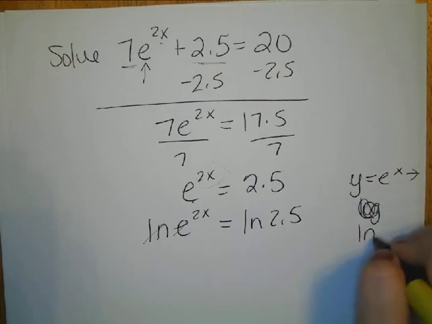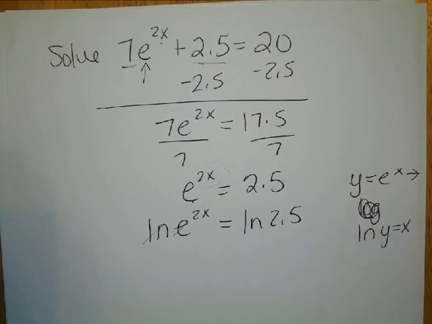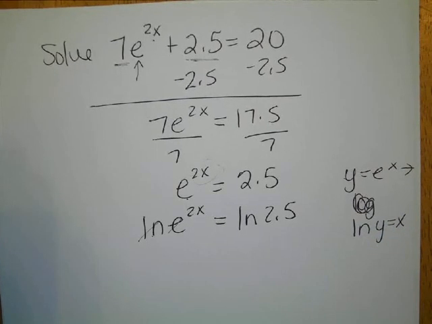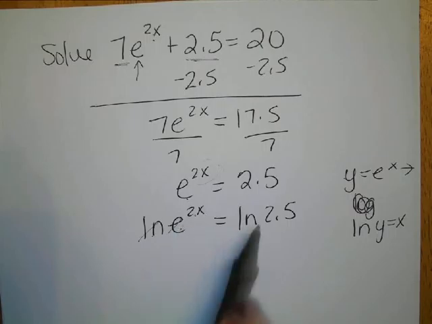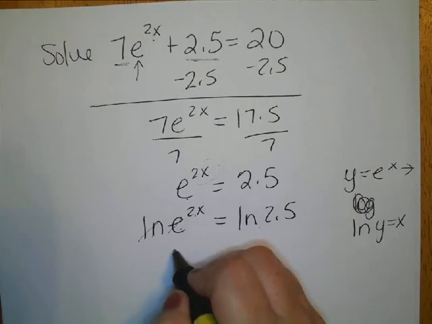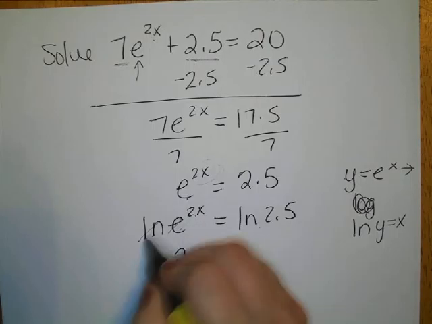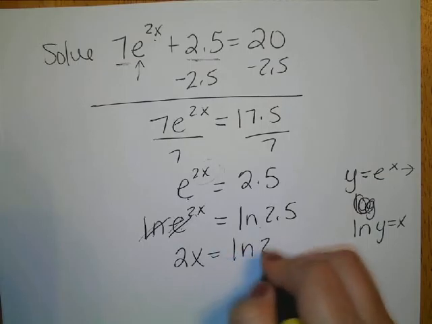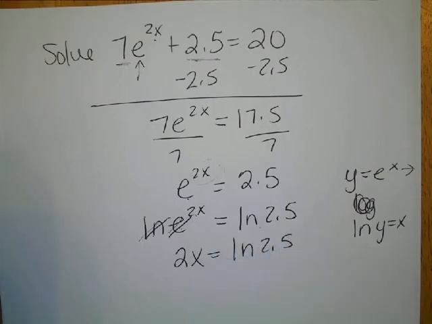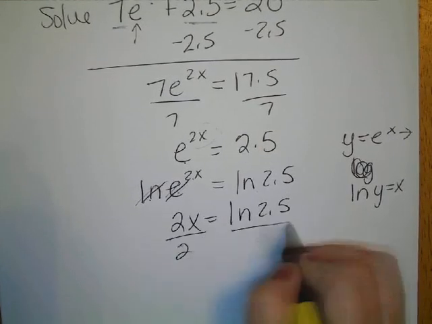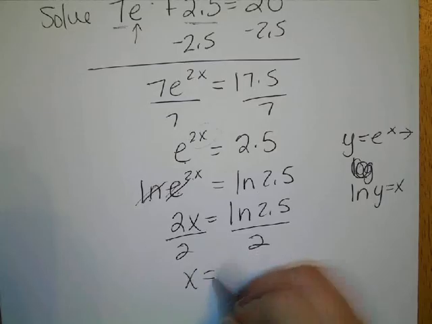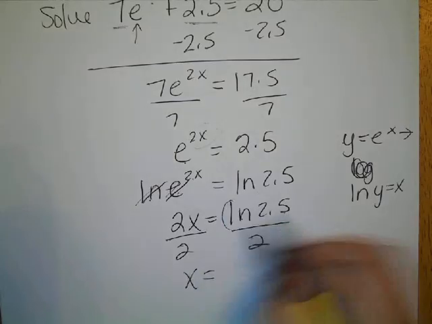Remember this that we're using? So I have natural log of y equals x. So I'm just going to rewrite it as 2x. These cancel each other out. Equals natural log of 2.5. Now, how do I get rid of this? I can put natural log of 2.5 in my calculator, divided by 2, I get 0.458.